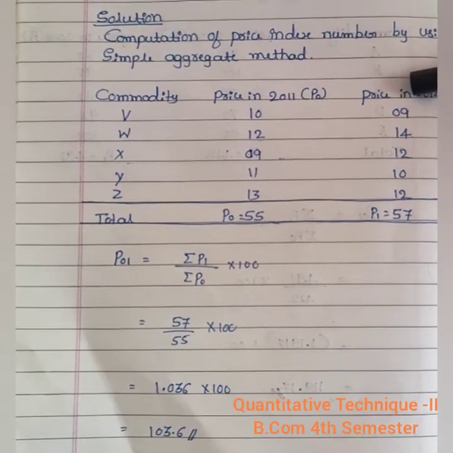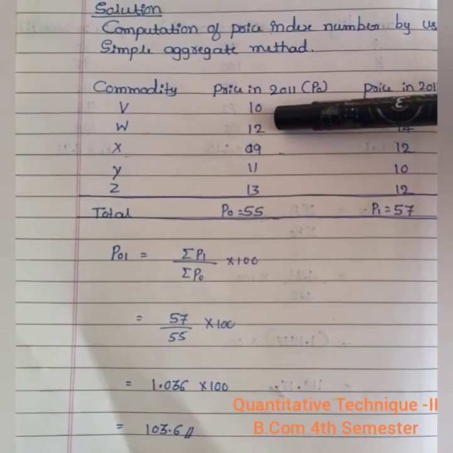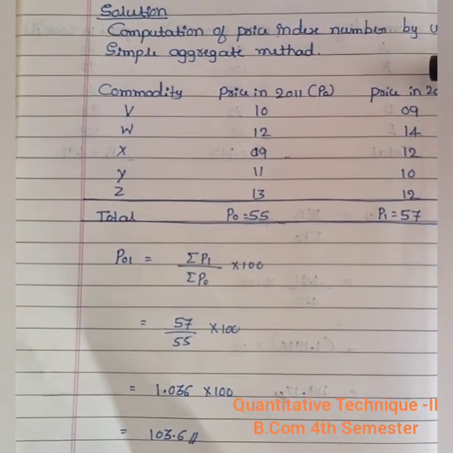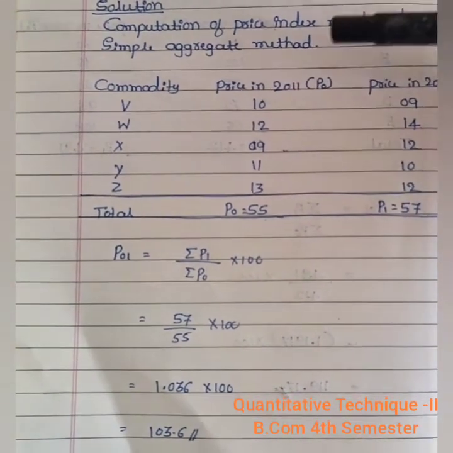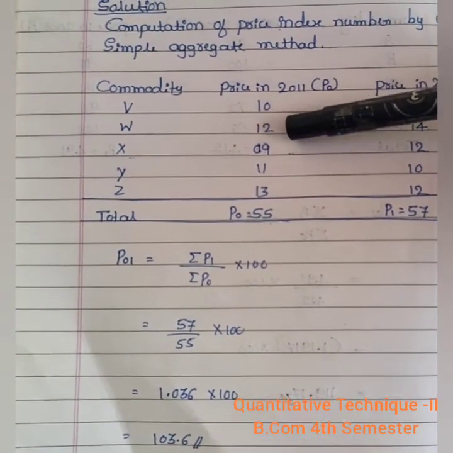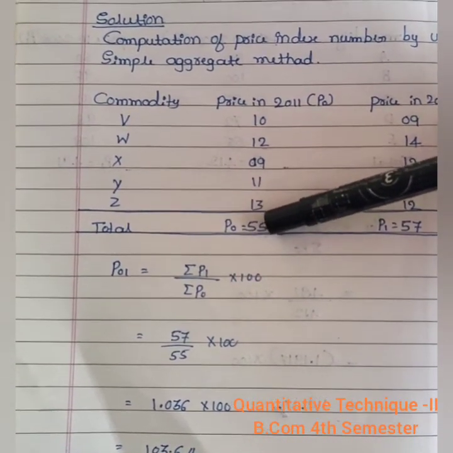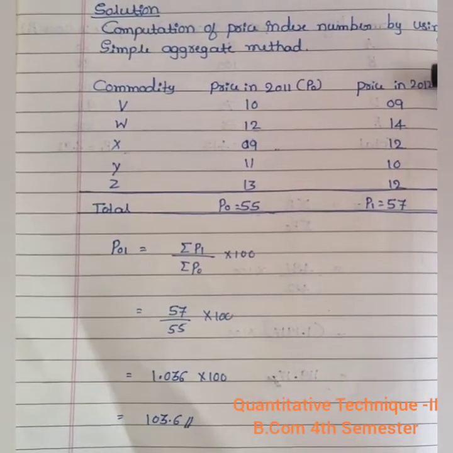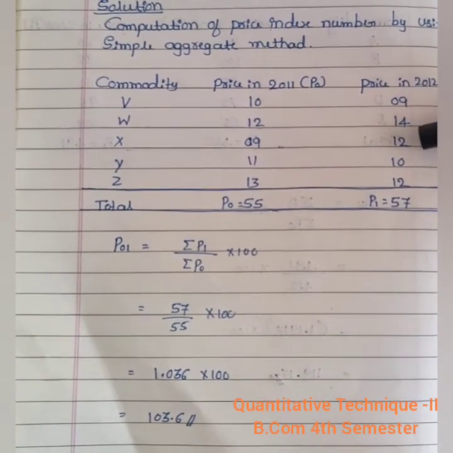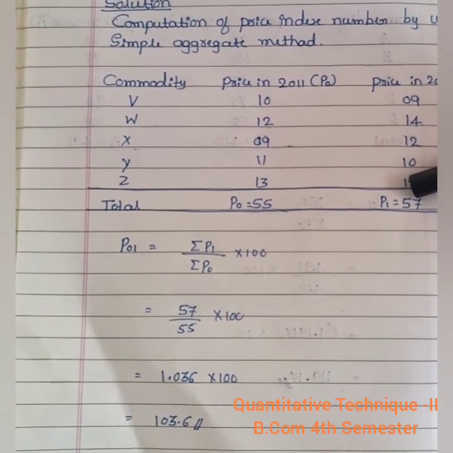So we add all the values of the previous year and all the values of the current year. Firstly, the previous year values: 10, 12, 9, 11, 13. P0 is equal to 55. Likewise, the current year: 9, 14, 12, 10, 12. P1 is equal to 57.